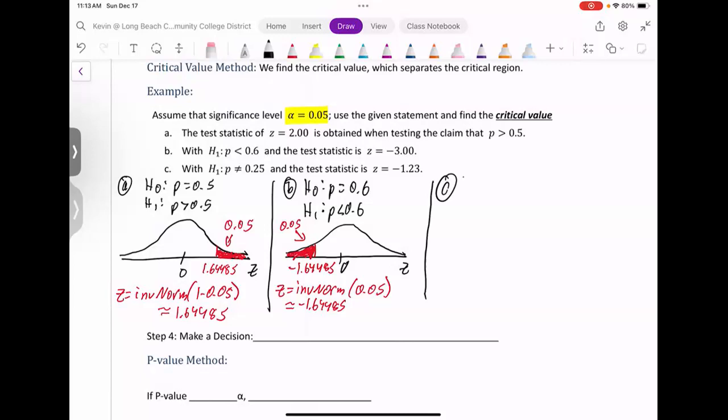In part C, our null hypothesis, let's start a little higher, give us a little bit more room. Again, the not equal to one is going to be a little bit different for us because we are actually going to end up with two critical values.